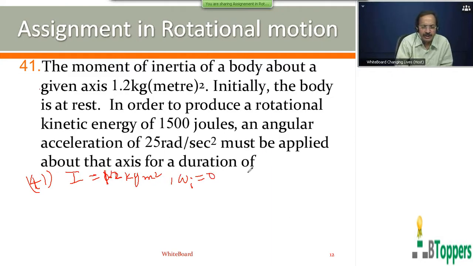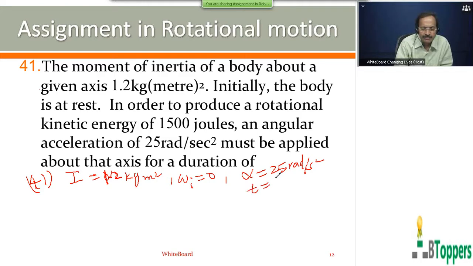In order to produce rotational kinetic energy of 1500 joules, an angular acceleration of 25 radian per second square must be applied about that axis for a duration of... So alpha is 25 radian per second square.